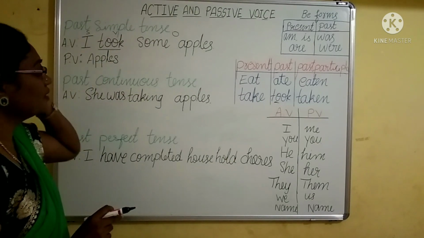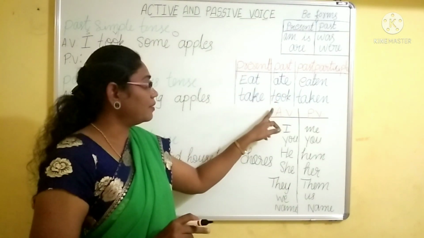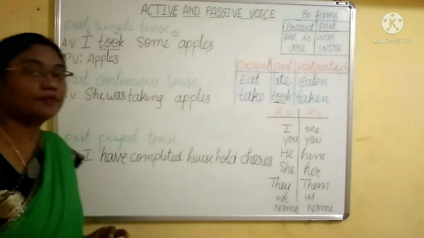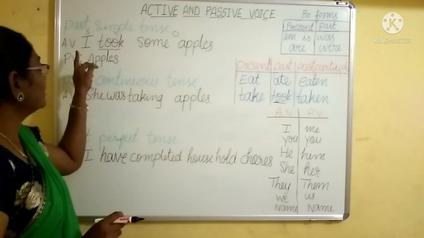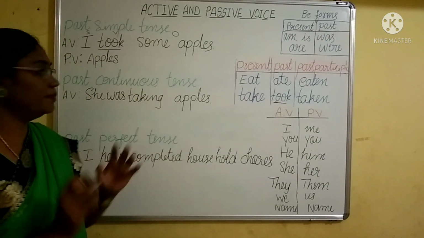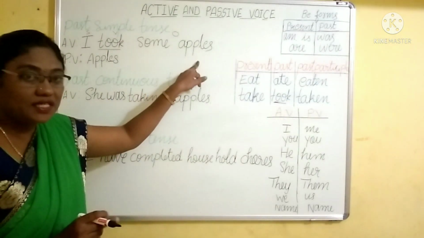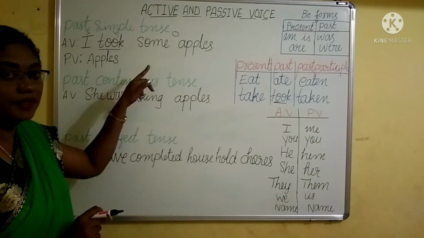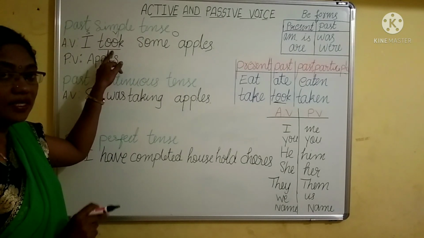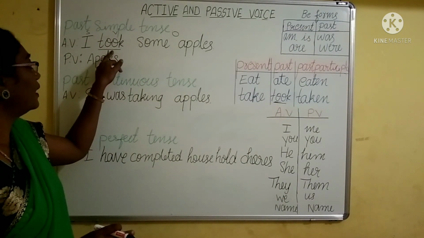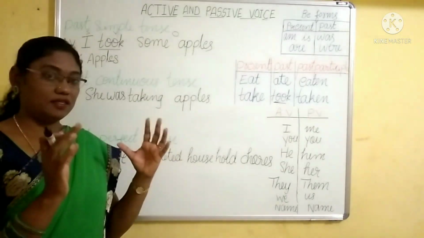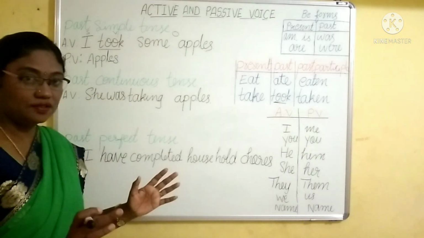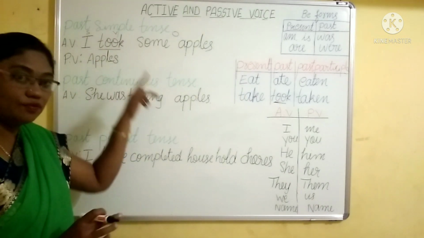I have taken this verb from the list of past tense verbs. See, I took some apples. The object is already written in the place of the subject. The second step is you make out the verb in the sentence and make sure whether it is in present or past. Of course, it is past tense.